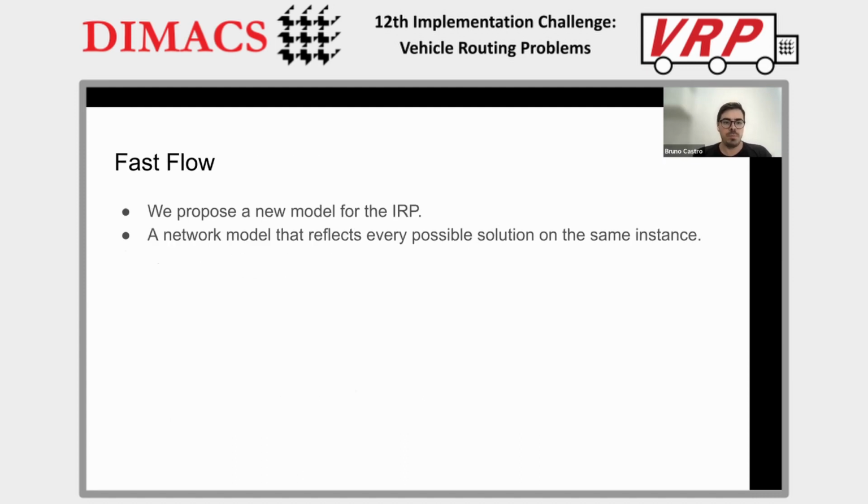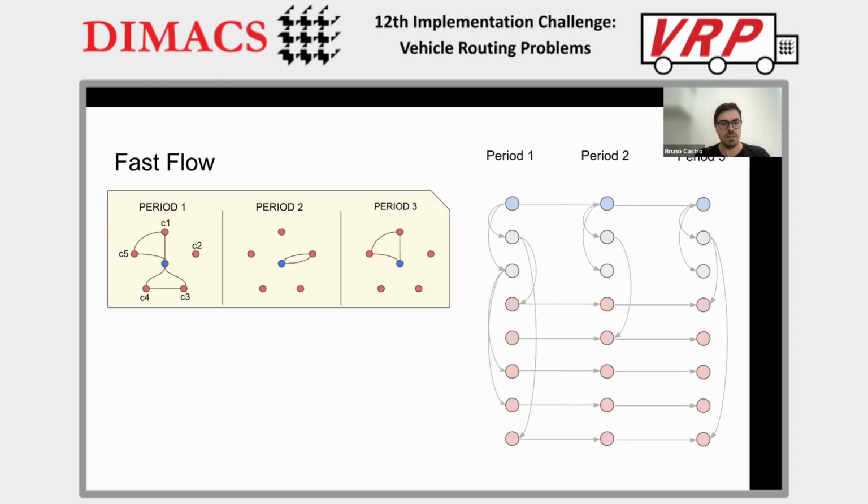Yes, we proposed a new model for this, a network model that reflects every possible solution on the same instance, on the same graph. And that's how we did it. We have this solution, and as I said, we modeled the route, connecting the vehicle with the correct customer that will be attended.